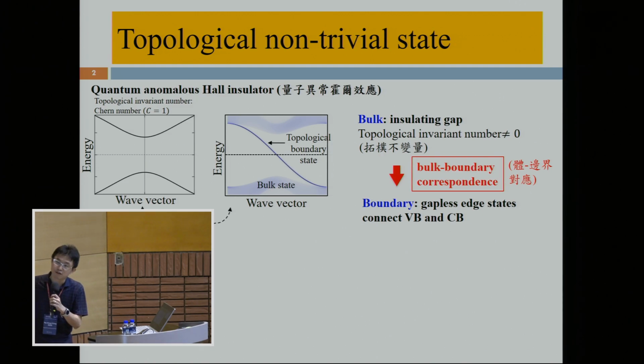Phenomenologically, topological materials have a bulk gap, while their boundary state is gapless. This unique property, distinct from a normal band insulator, comes from the concept of bulk boundary correspondence in topological band theory. In simpler terms, a non-zero topological invariant number guarantees a number of gapless topological boundary states.